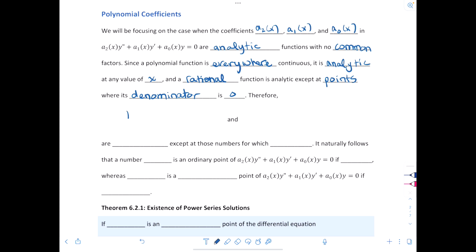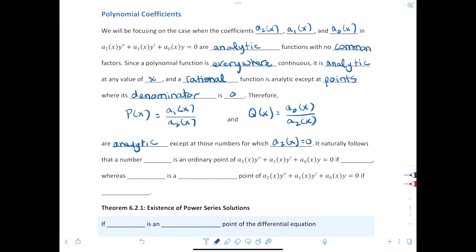Therefore, p at x equal to a sub 1 at x over a sub 2 at x and q at x equal to a sub 0 at x over a sub 2 at x are analytic except at those numbers for which a sub 2 at x equals 0.